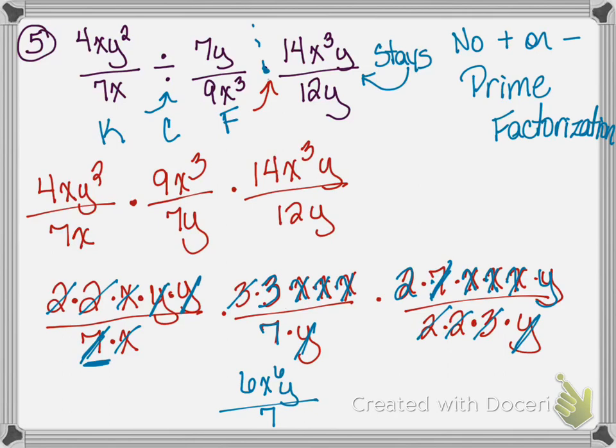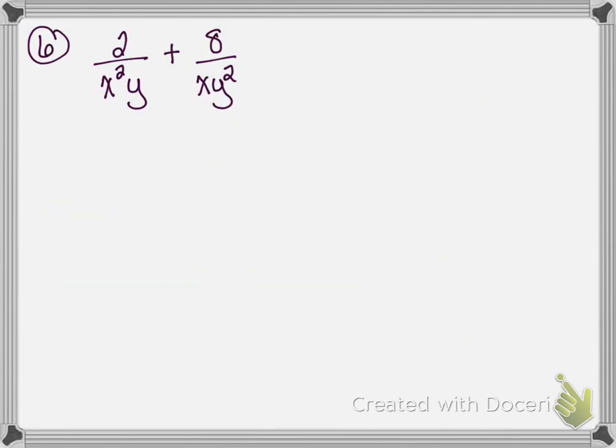Now, our next problems, we're moving into addition and subtraction. Okay? Addition and subtraction. Can I move off this? Okay. So addition and subtraction and solving, the key to that is least common denominators. The key to solving rational equations and addition and subtraction is least common denominators.